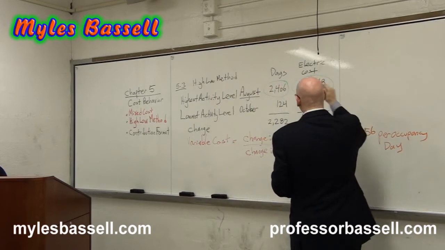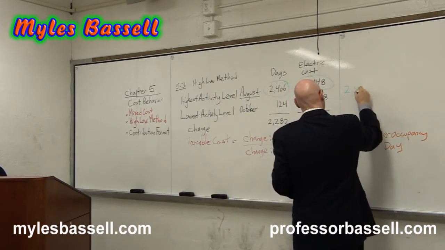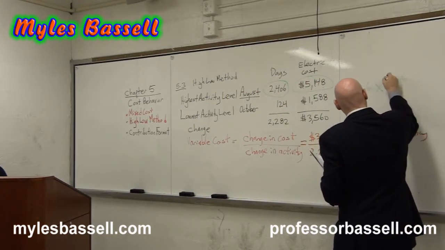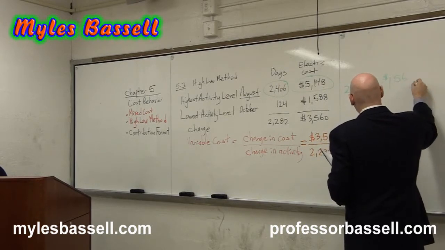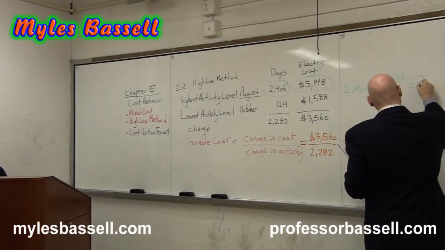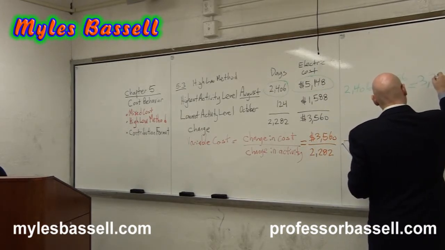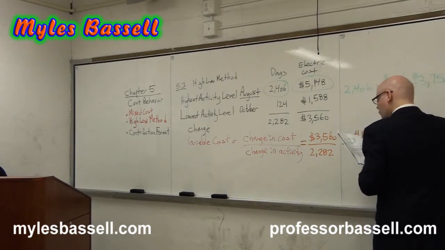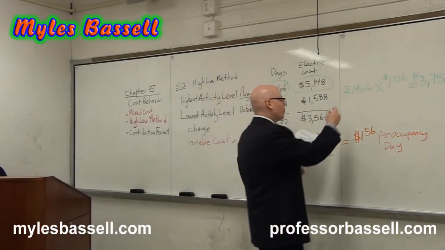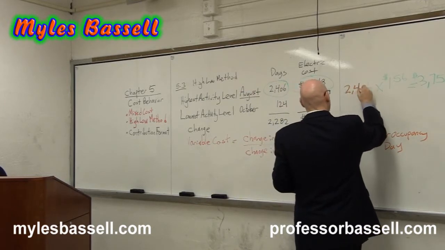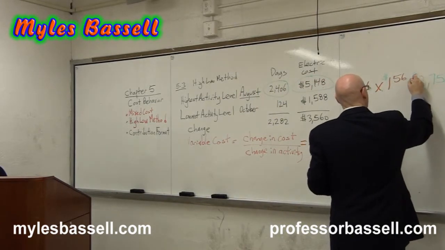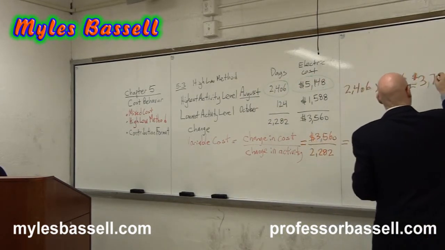So what we do is we multiply the 2,406 days times $1.56 to get, how much is it? 3,753. So 2,406 days times $1.56 gives us 3,753.